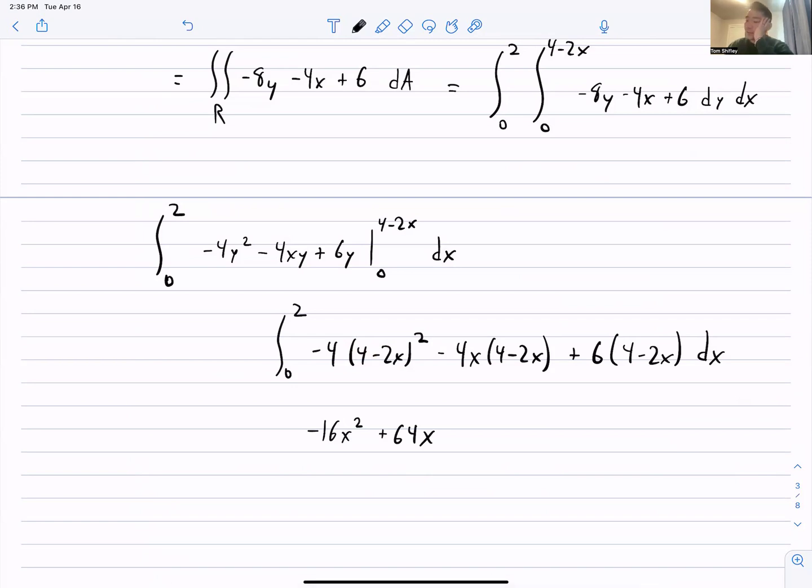And then it'll be 4 times 4 times 4, which is also minus 64. I think that's right. Let's think about that for a second. Yes, I believe that is correct. And then it will be minus 16x plus 8x squared plus 24 minus 12x dx.